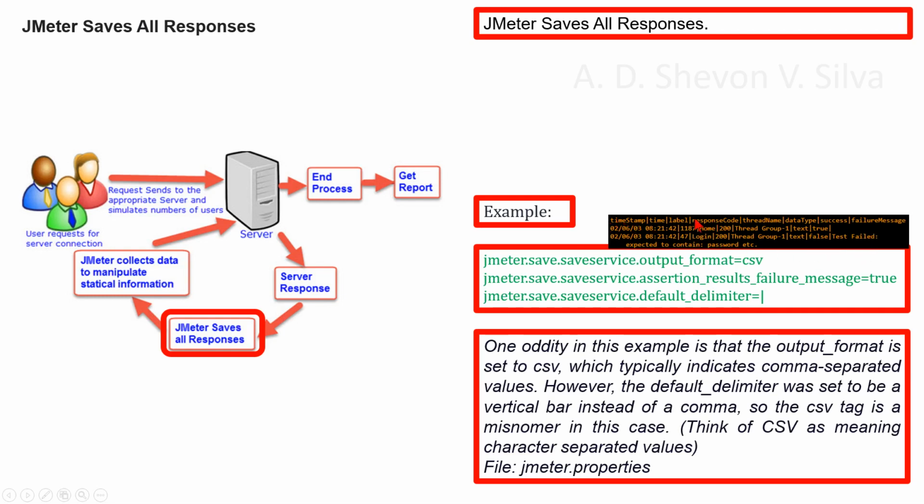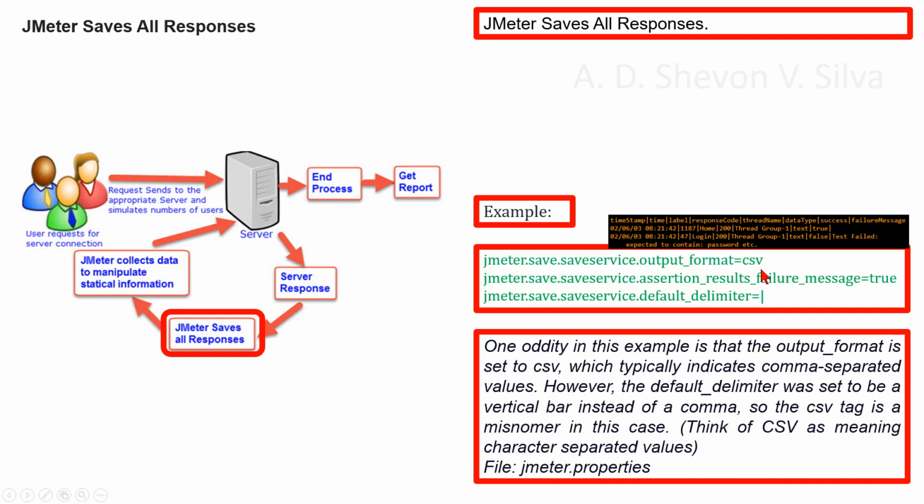This is the result, and the corresponding JMeter.properties that need to be set are shown here. The one oddity in this example is that output_format is set to CSV, which typically indicates comma separated values.